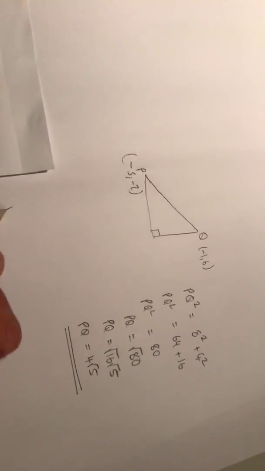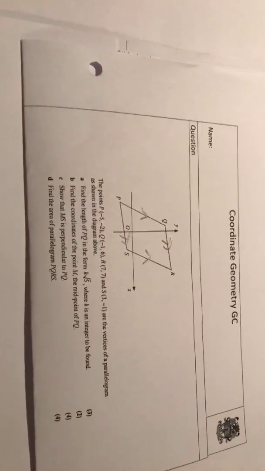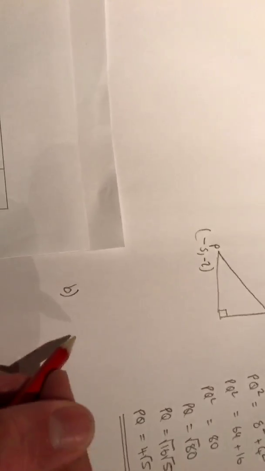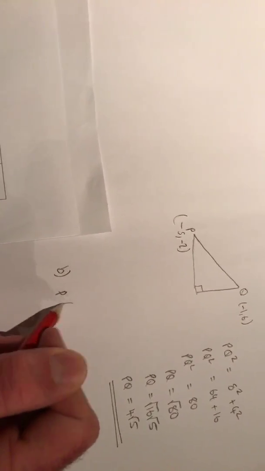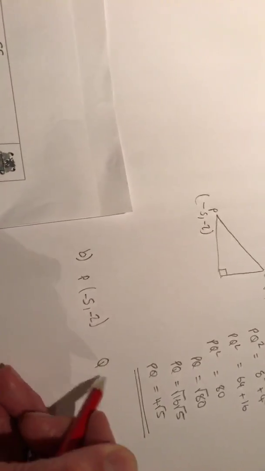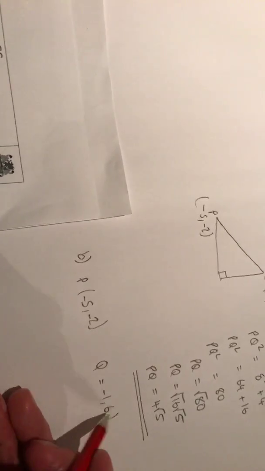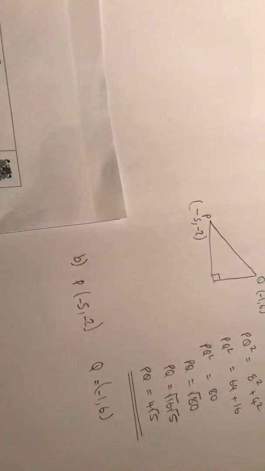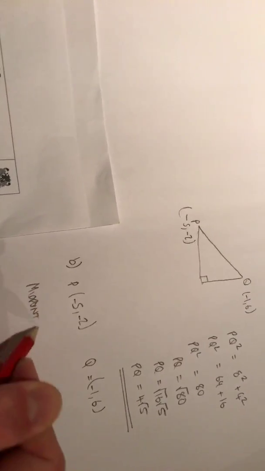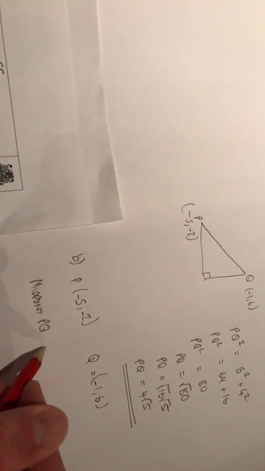Part B then asks for the midpoint of PQ. Well, if we go up here, we know the coordinate of P is -5, -2, and Q is -1, 6. To find the midpoint of PQ, all we need to do effectively is find the mean of the x and the y coordinates.